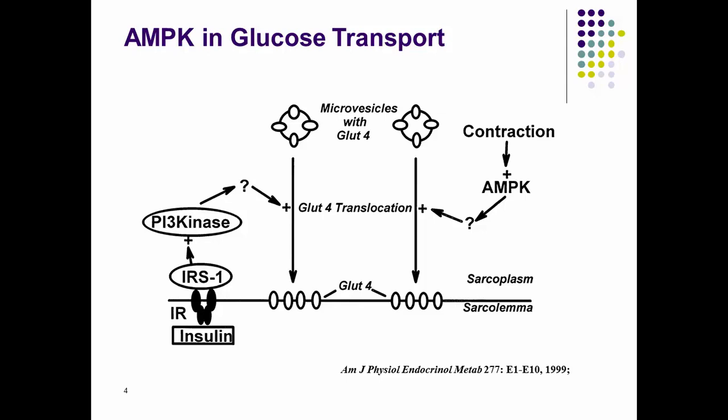We mentioned this before, remember? Exercise can drive GLUT4 to the cell surface to transport glucose, again independent of insulin. Even when you don't have a high level of insulin, exercise itself can drive GLUT4 to the cell surface. And the mechanism is here. Muscle contraction during exercise can activate AMPK.